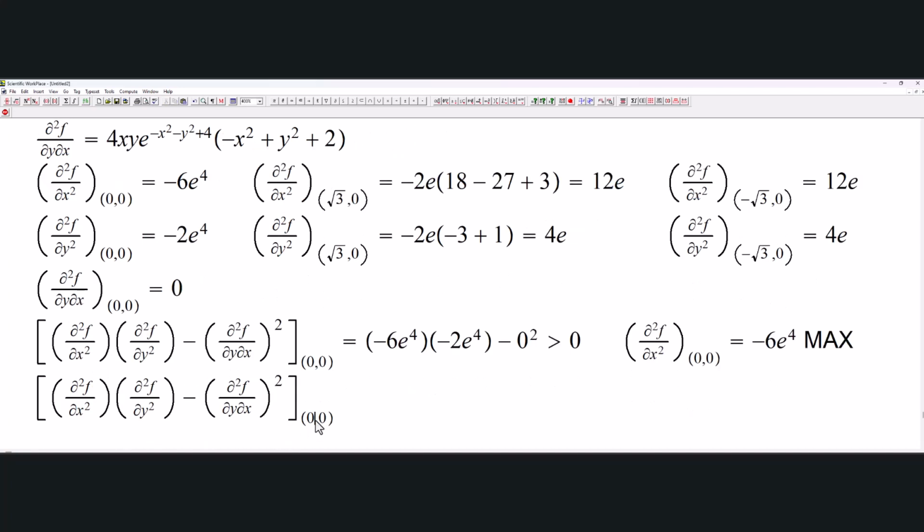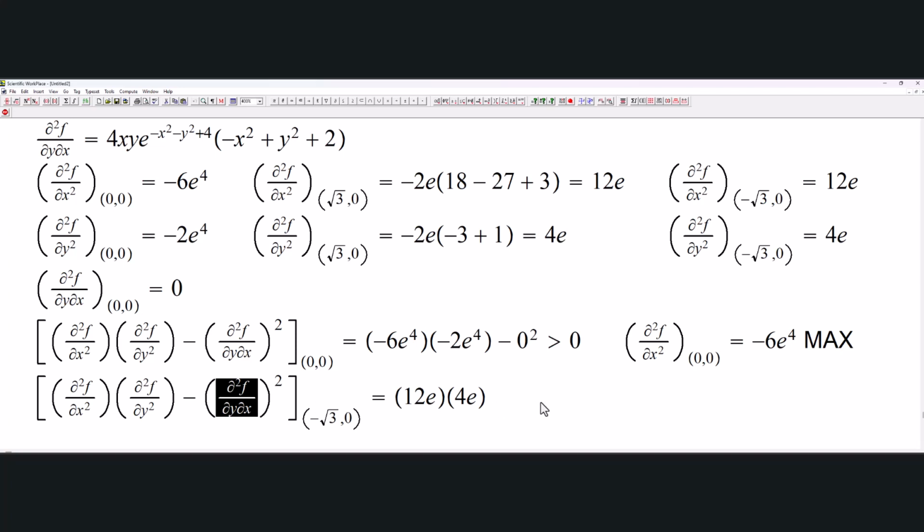First I'm going to go for negative square root of 30. So what do we get here? When we look at it for negative square root of 30, first we have this 12e, then we have 4e, and then this quantity is 0, okay.